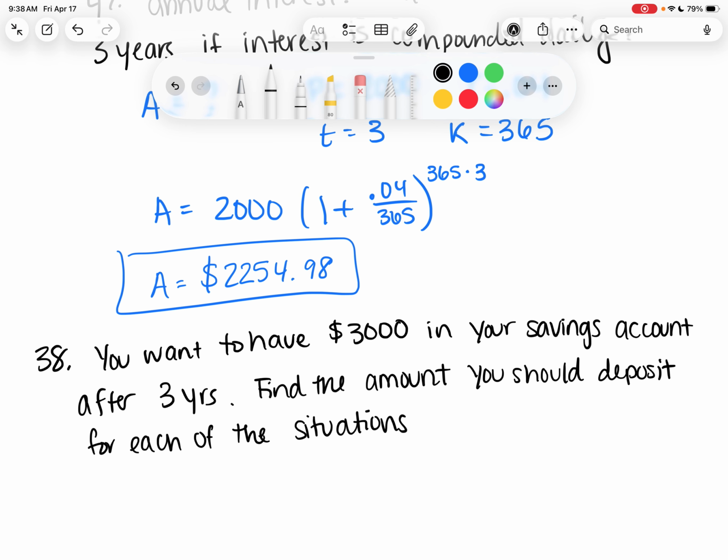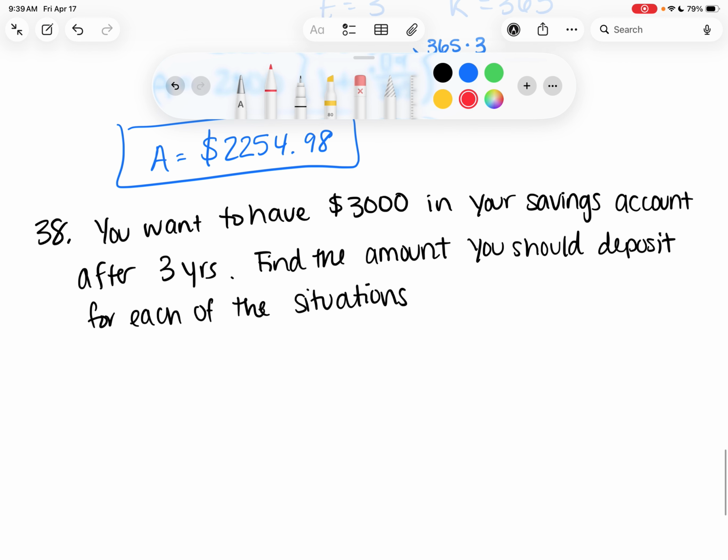Based off of what they have given us so far, we want to ultimately have $3,000 in the account. That means that's the A value. So we're finding P in each of these scenarios, what I need to deposit at the beginning. We have enough information to solve that.